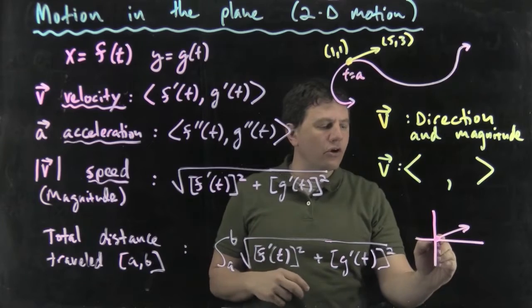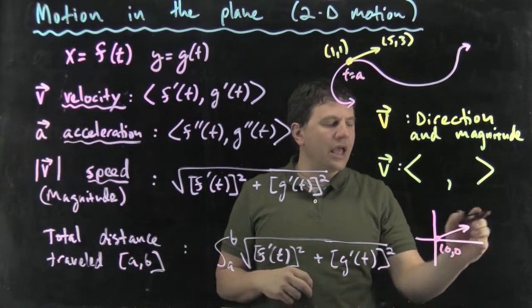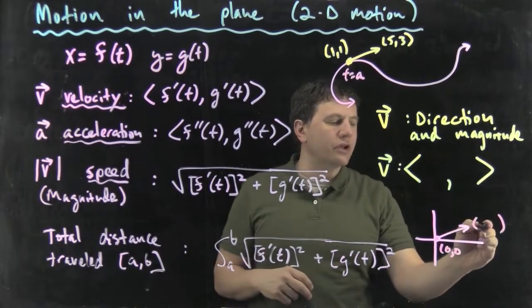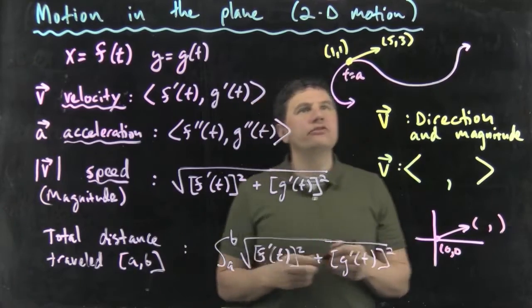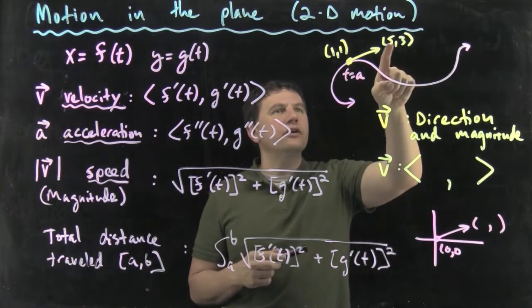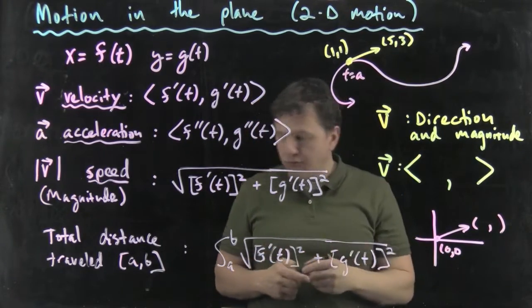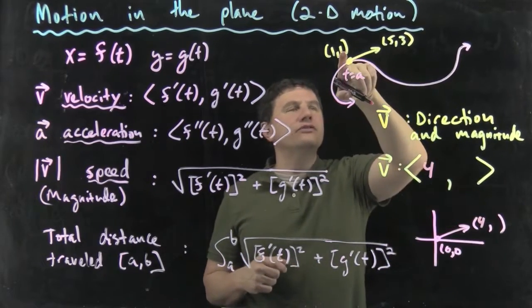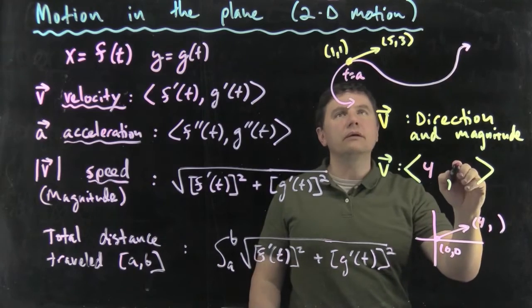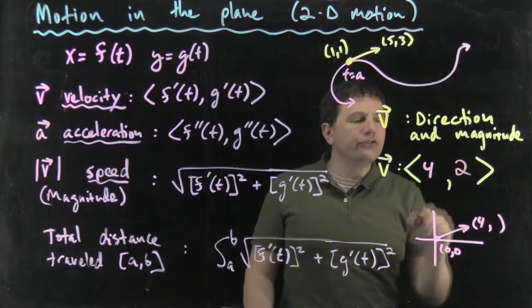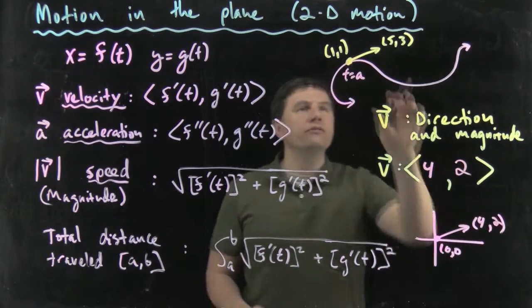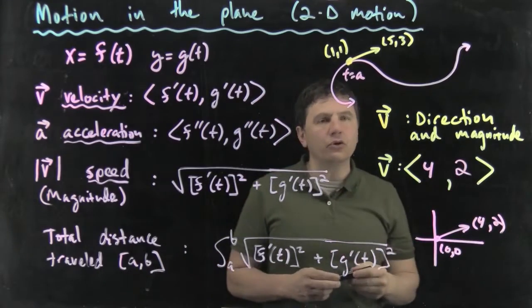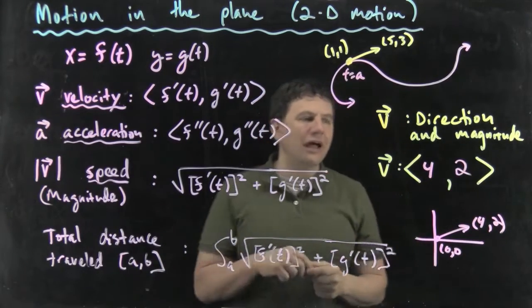It means that we're starting at (0, 0), and we're ending at that particular point. Okay. So in this case, it's actually quite easy to figure out. 5 minus 1, this would be 4, and 3 minus 1, that would be 2. So our component form of that vector would be ⟨4, 2⟩, and that's how we would describe the velocity.